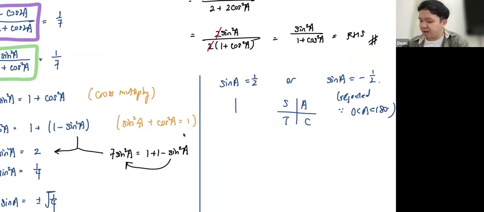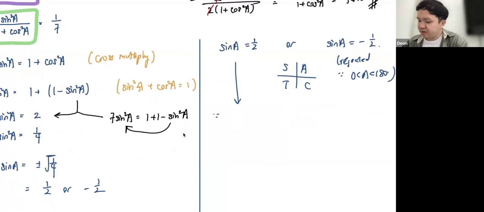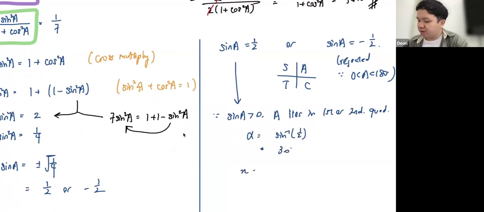Exactly the same as what we have done just now, since sine A is more than 0, A lies in the first or second quadrant. Then my basic angle is sine inverse half, which is 30. So A is 30 or 180 minus 30, which is 30 or 150.